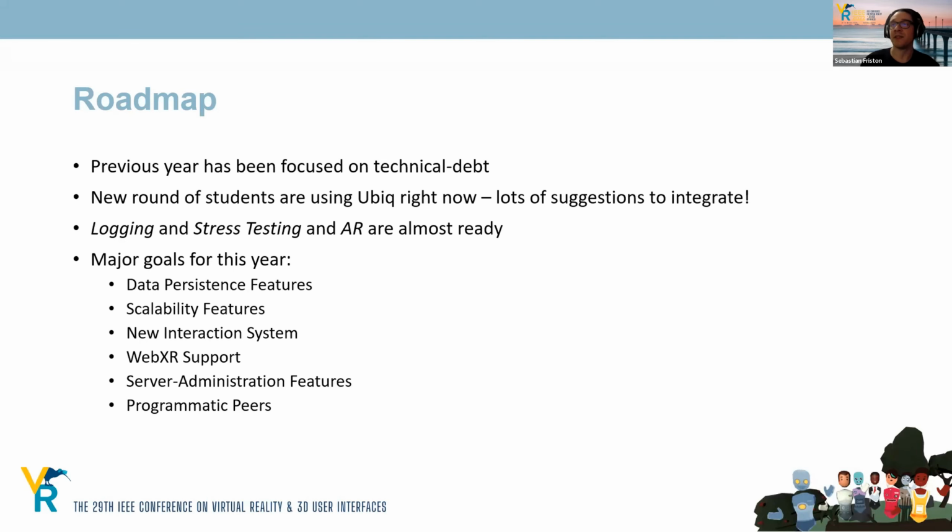The use cases for this would be things like if you had very large environments and you wanted to spawn objects or object states that persisted between people visiting the area, for example, or to persist details about individual users or their avatars. We are also looking at getting some of the things we've learned about scalability into Ubik, into the core samples, so that there are the benefits of those.